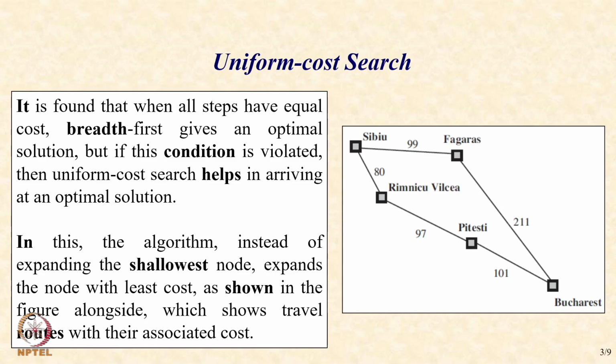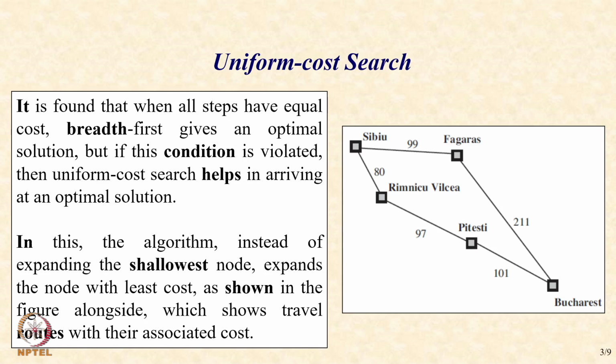After that, you have only one successor, 97, so you end up going in that direction, and then finally you go to the last one, which has the cost of 100. If you add all these costs, you will find that this cost is lower than the cost of the other path.